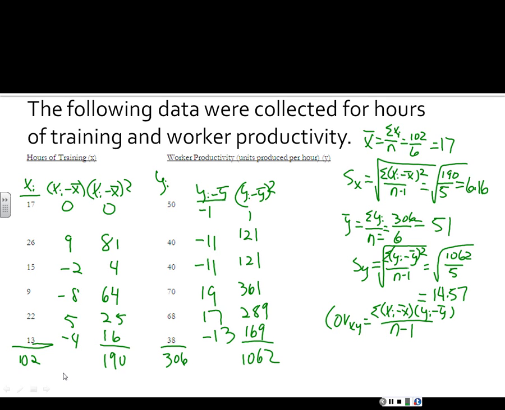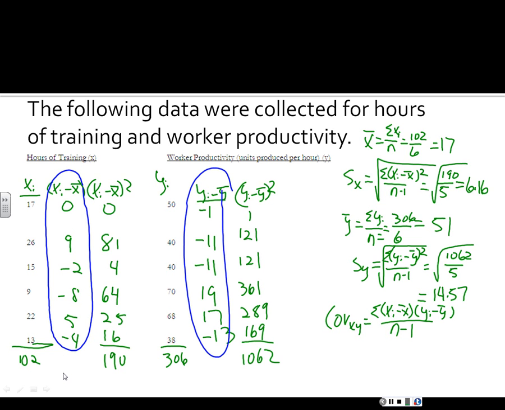So for the cross products, I'm taking the x deviations and the y deviations, circling them so I can keep it straight there. I got 0, minus 99, 4, 64.